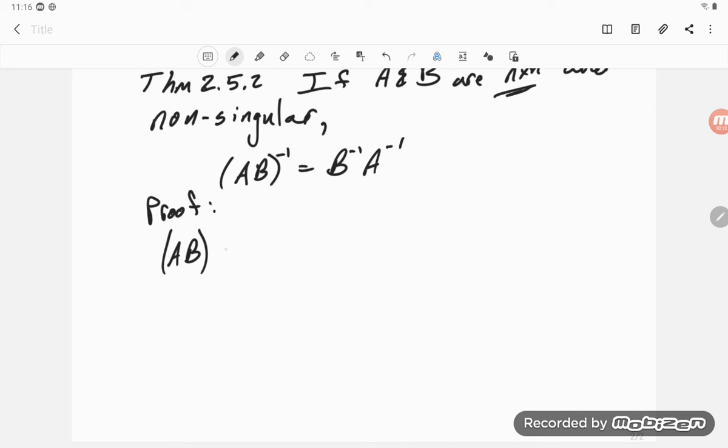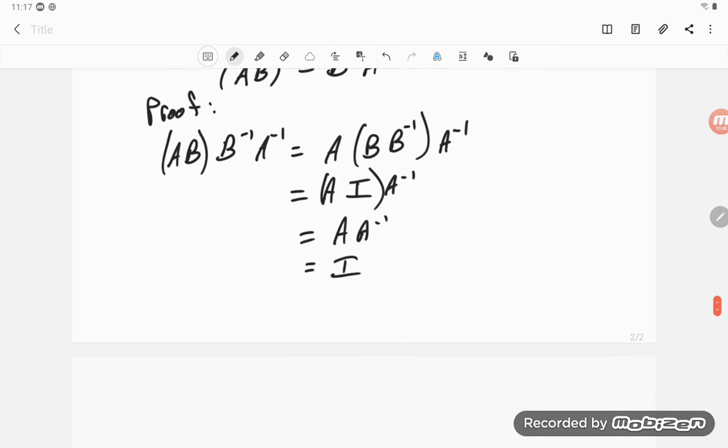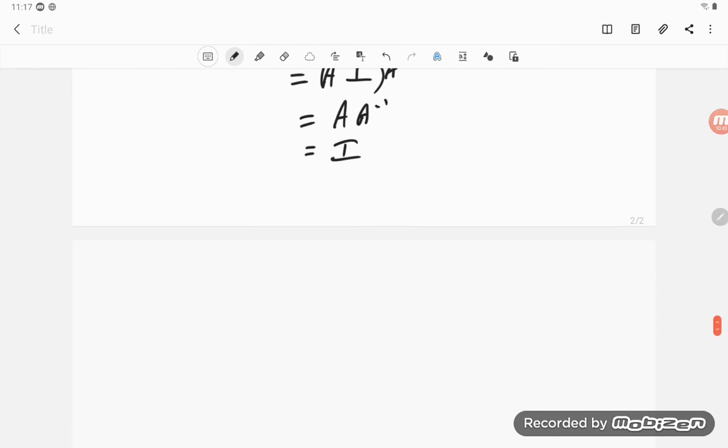If I take AB and multiply that by B inverse A inverse, reassociate, so I get A, B, B inverse, A inverse, then that's A I A inverse, and that's A A inverse, which is I. So it worked on that side, and we need to check that it works on the other side.